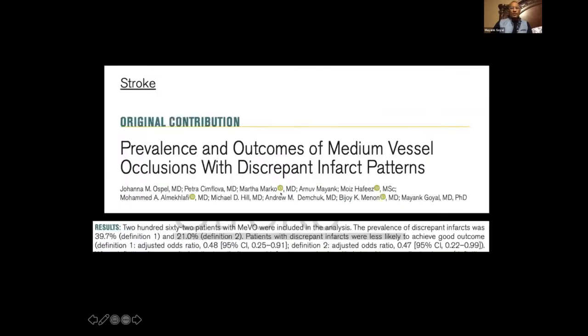We also looked at secondary MeVO versus primary MeVO: how does it play out in terms of outcomes? Suppose you have a MeVO and the infarct is commensurate with the MeVO, then we say, okay, that's fine, it was a MeVO that caused the infarct. However, let's say there is an M3 occlusion and there is a basal ganglia infarct. Then the M3 occlusion could not have caused the basal ganglia infarct.